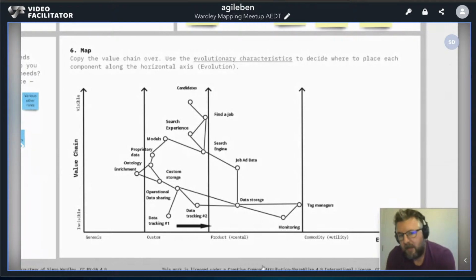So this mapping is about our data ecosystem at Seek. When I say ecosystem, I'm thinking about all of the people and all of the elements of working with data at Seek. That could be anything from the business intelligence tools, to how we store data, to the different ways data is used.